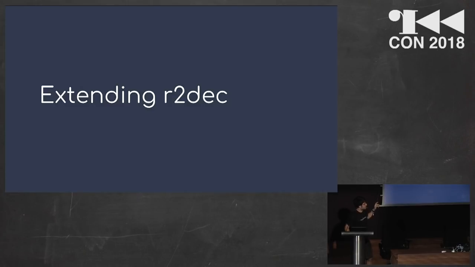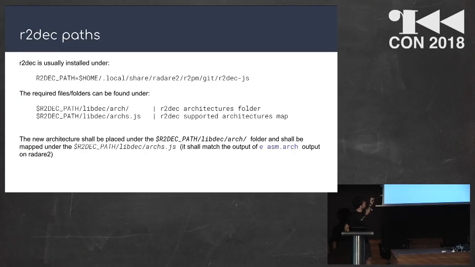So how to extend r2dec? First of all, you need to know the path that you have to search for, which is usually local share, radare2, r2pm, git, r2dec-js. You also need to know that under that path there is libdec arc, and that's where you have to place your new architecture.